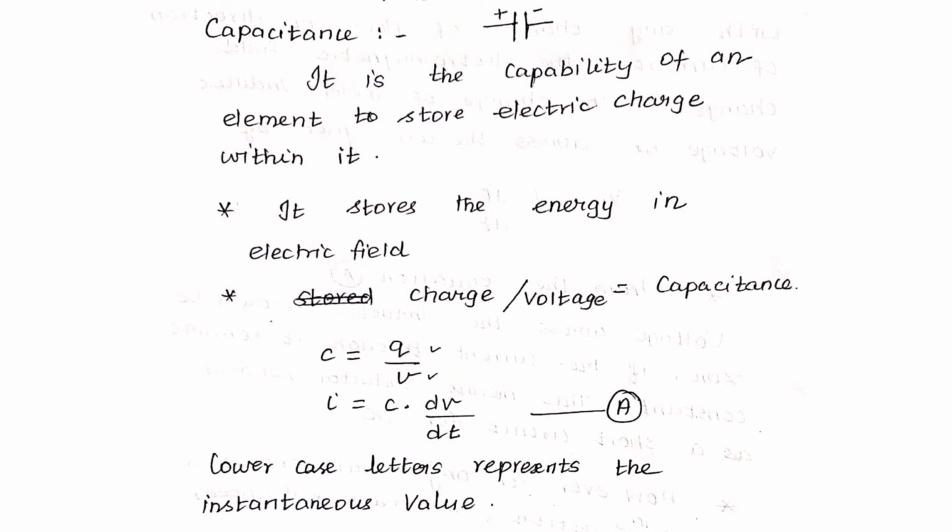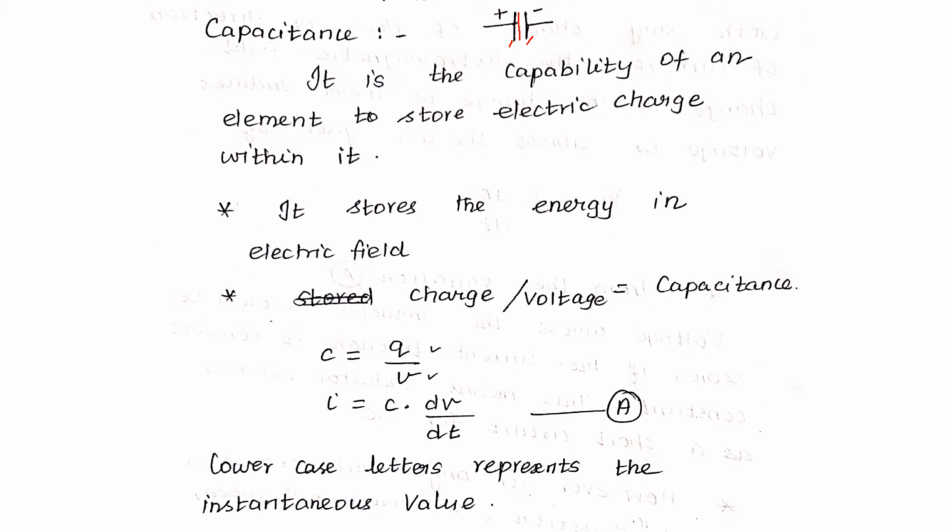Next, capacitance. In a capacitor, two plates are there, one is positive and another one is negative. In between, it stores the voltage. So it is the capability of an element to store electric charge within it.